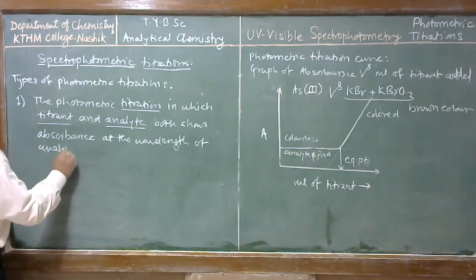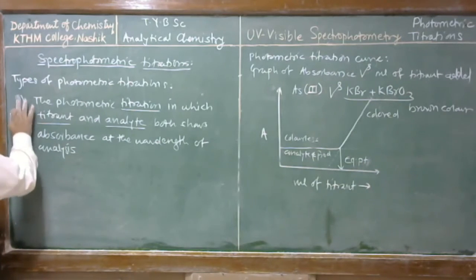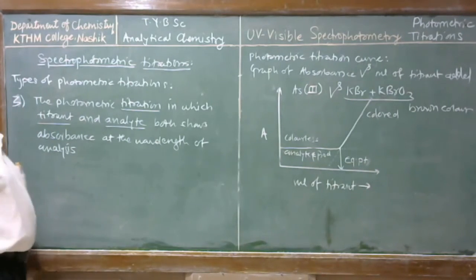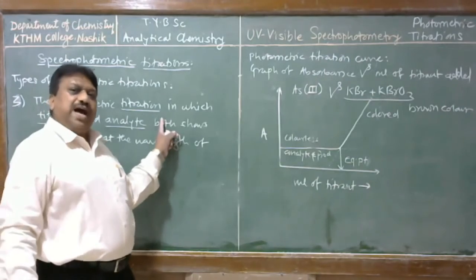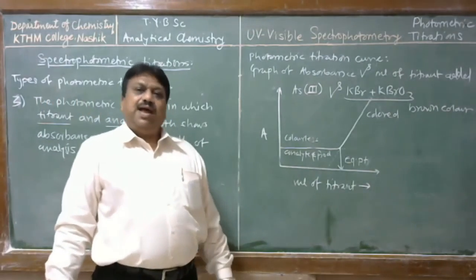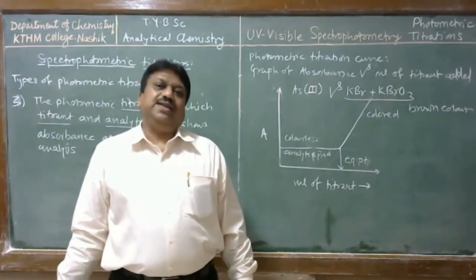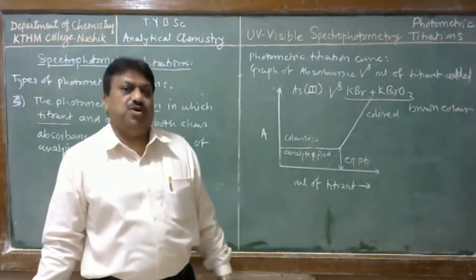That is the third type of photometric titration, in which both titrant as well as analyte show the absorbance, while the reaction product does not.